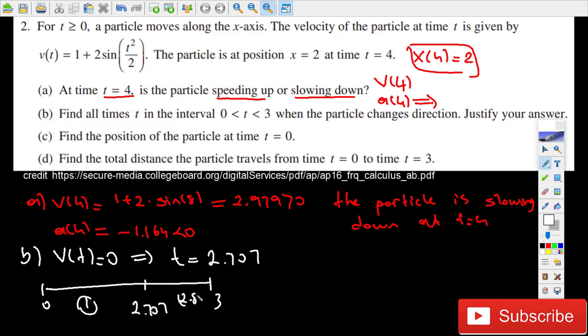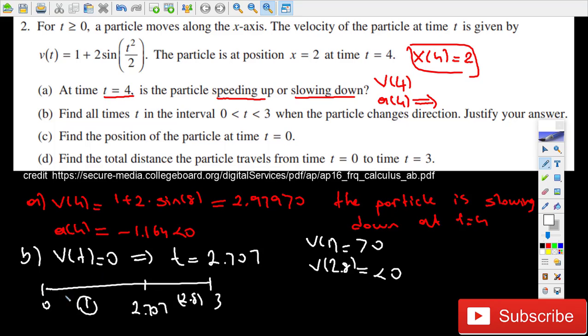We're not interested in the numerical value, we're interested in the sign of the result. The v of 1 is positive, and the v of 2.8 is negative.